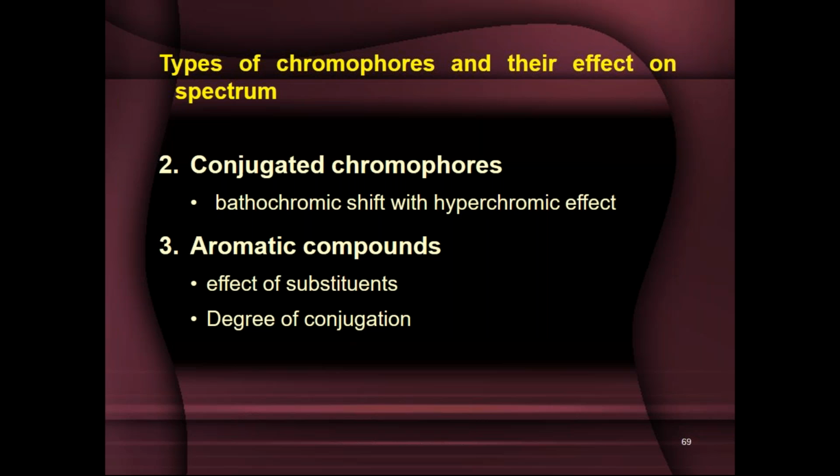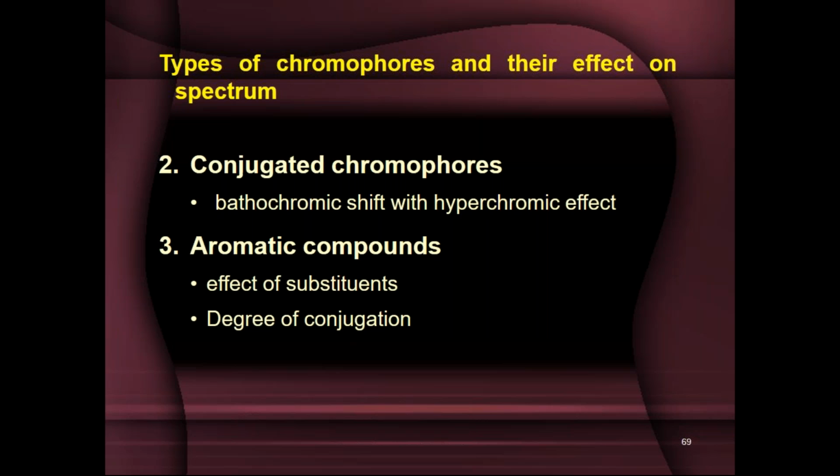Why does this happen? Conjugated chromophores means two double bonds separated by one single bond. In double bonds, you have the pi electrons, which are residing in the pi orbitals. When you have two double bonds separated by only one single bond, you will see overlapping of the pi orbitals. Subsequently, there is a decrease in the gap between the pi orbitals.